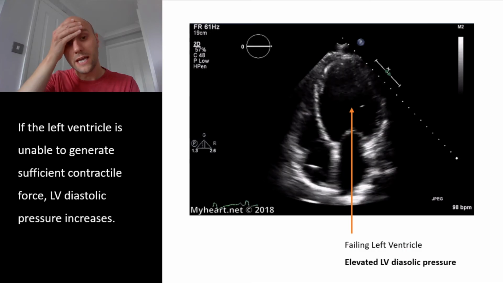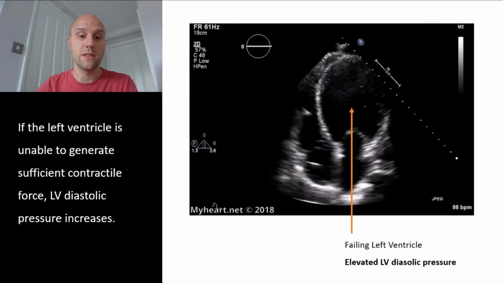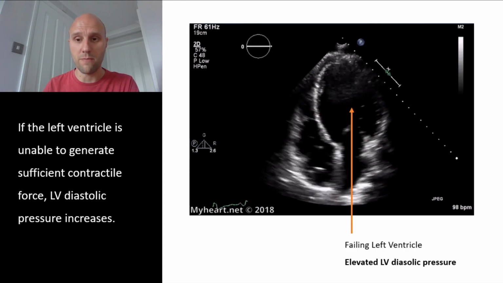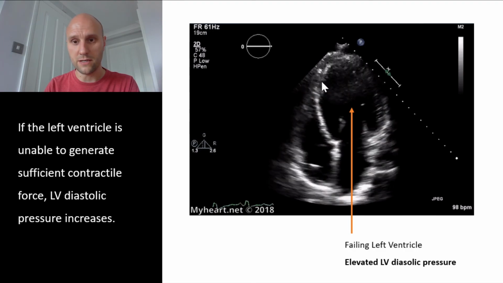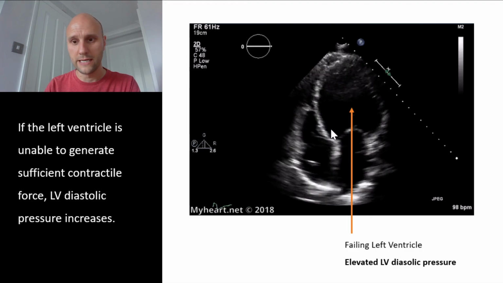However, if you have a situation whereby the left side of the heart is failing, and here's an echocardiogram image of a failing heart, so I don't know if you can see my cursor there. This is the left ventricle, it's not beating very well.